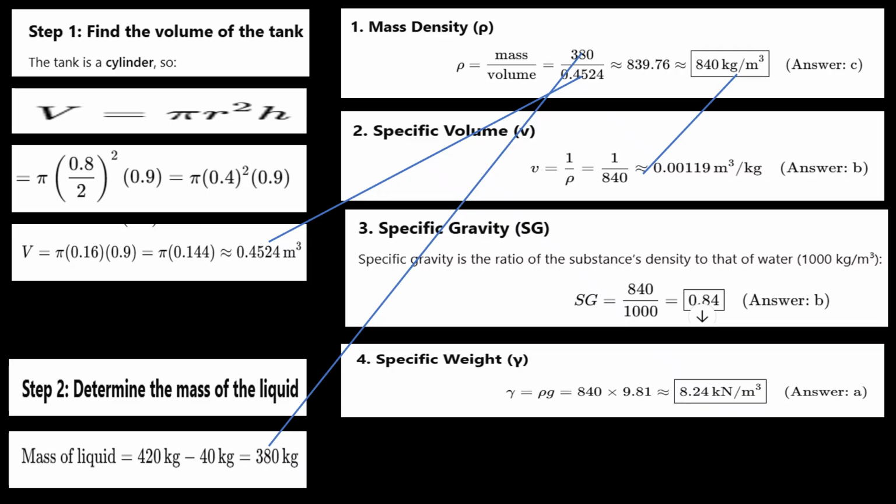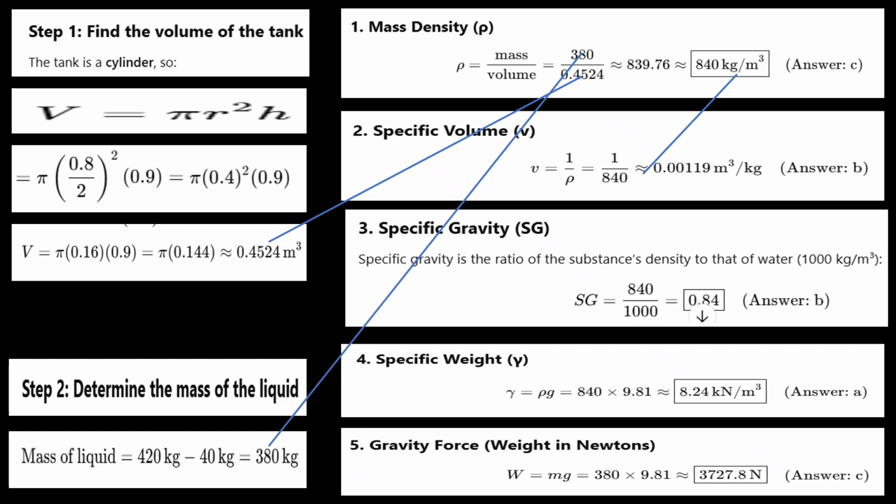Multiplying it by 9.81, we can then easily determine the weight in newtons. Finally, here is our calculation. In solving for the weight in newton, weight is equal to mg equals 380 times 9.81, and it is equal to 3,727.8 Newton.